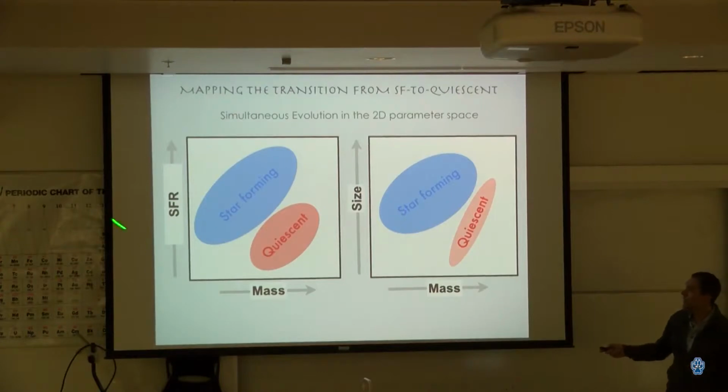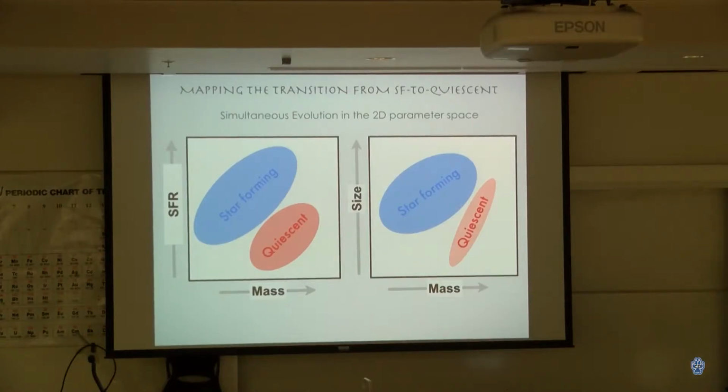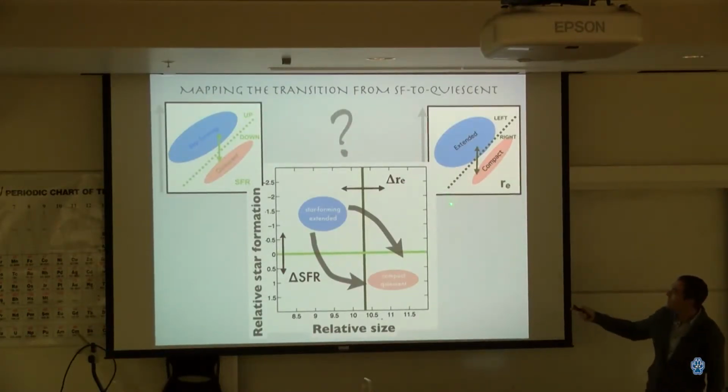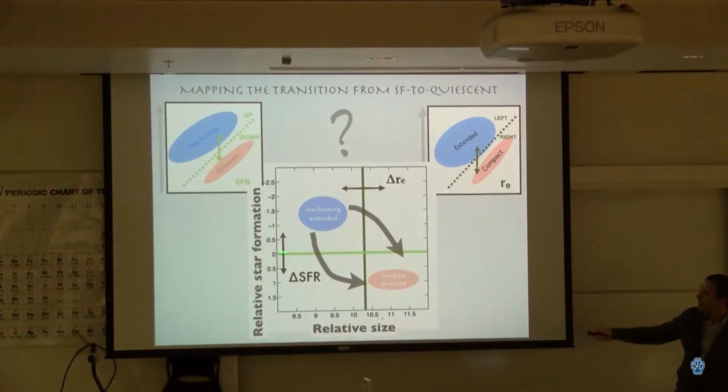Okay? So if I now draw 2 lines, one here, and try to divide these 2 diagrams in 2 groups, I can then use those lines to create a new diagram. That's what I'm going to do here. So I draw this green line and this dark green line here. So if you are above the dashed green line, you are making a lot of stars. If you are below, you are dead. Okay? So I'm using this line as the x-axis here.